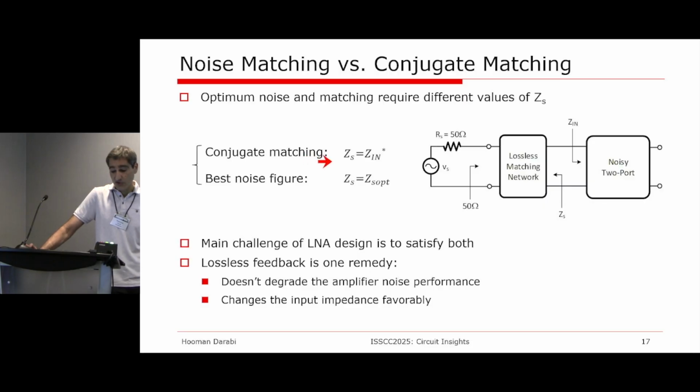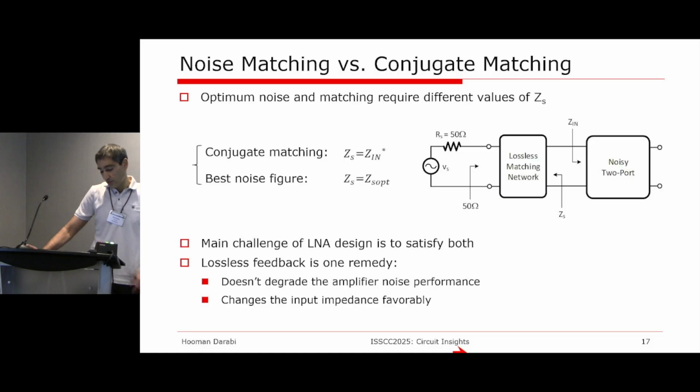On the other hand, we just saw that to get the best noise performance, you would like your Zs to satisfy some Zs optimum, which came from the noise figure equation and taking the derivatives of that. And there is no reason in the world for these two values to be the same. One, Zin, is coming from physical Rs and Cs associated with your amplifier. The other one is purely driven by noise, the Vn and In and all noise sources. And that's the most challenging aspect of the LNA design that I'm going to go through in the remainder of the talk.